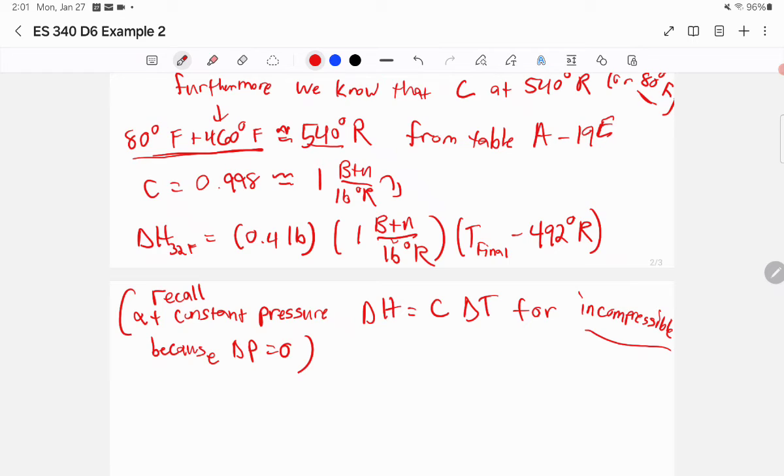Okay, and we know that that's true here because it's at constant pressure, because again, we're only experiencing the pressure from the atmosphere.